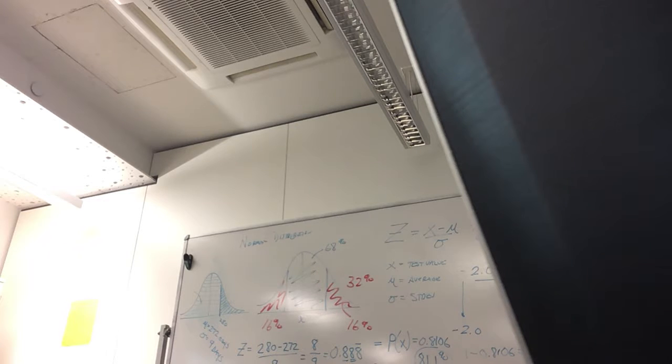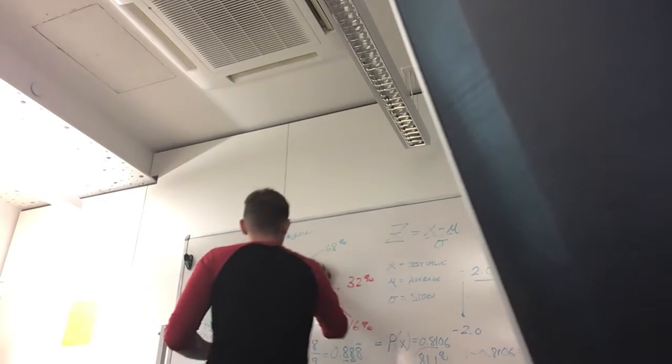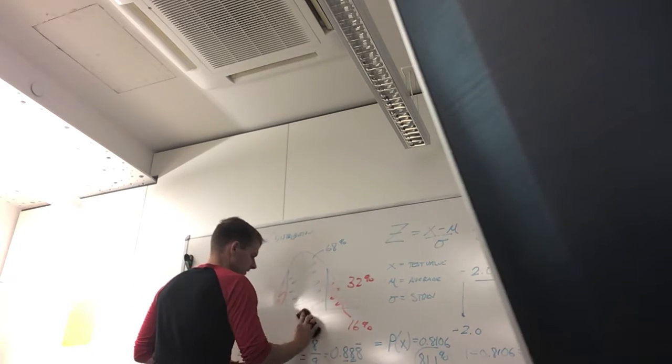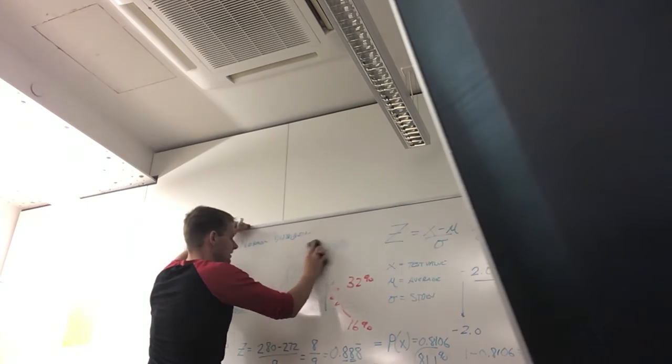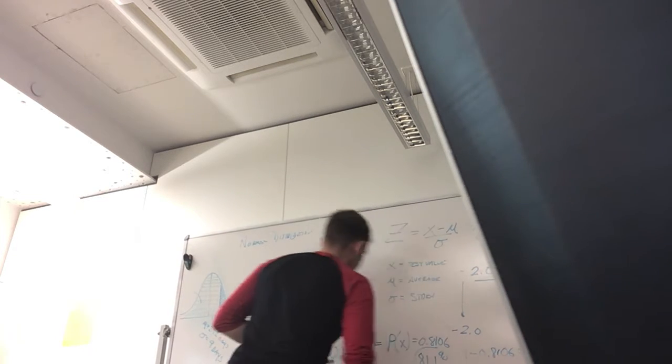The next one says, find the probability of a pregnancy lasting less than 250 days. Okay, so step 1, draw the picture. Again, I think the pictures always help.